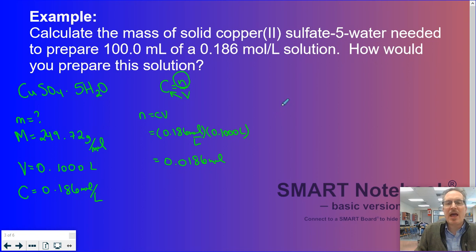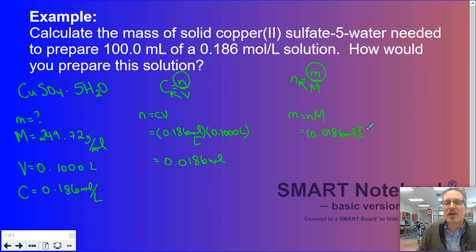Secondly, I need to find mass, so I'm going to start with my original memorized formula. Mole equals mass over molar mass. And this time I'm solving for mass, so I'm going to bring my molar mass up to the other side. So my new formula is going to be mass equals moles times molar mass. So I'm going to take 0.0186 moles.